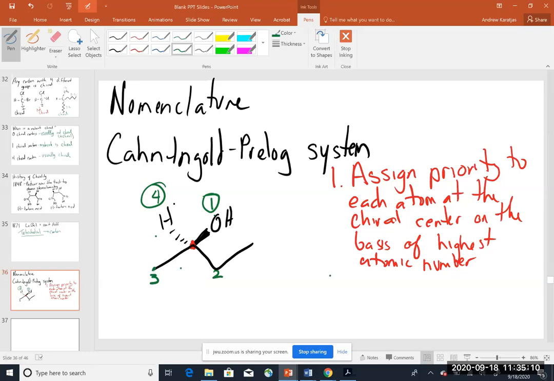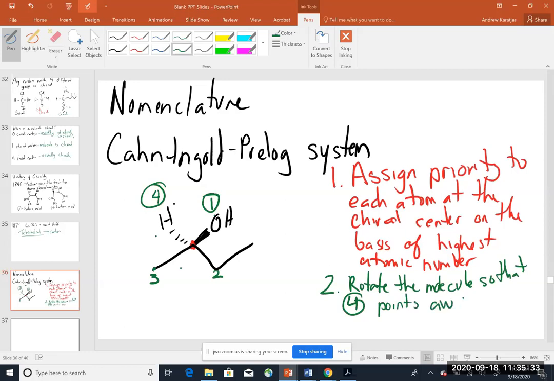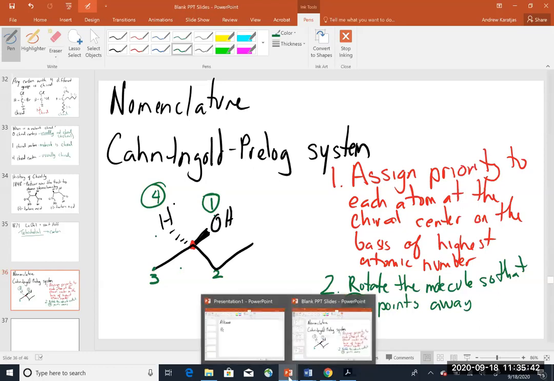So we've assigned priority. Second step, rotate the molecule. This is where your model kit will help you. So that number 4, or the lowest priority, points away from you. So again, this is a place where your model kit is very, very helpful to you. Why is that?